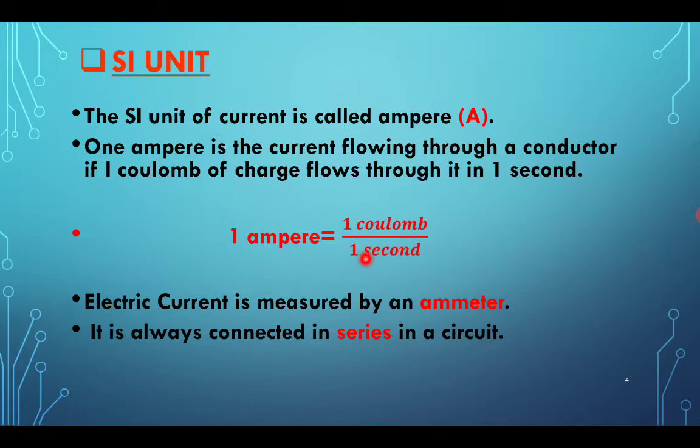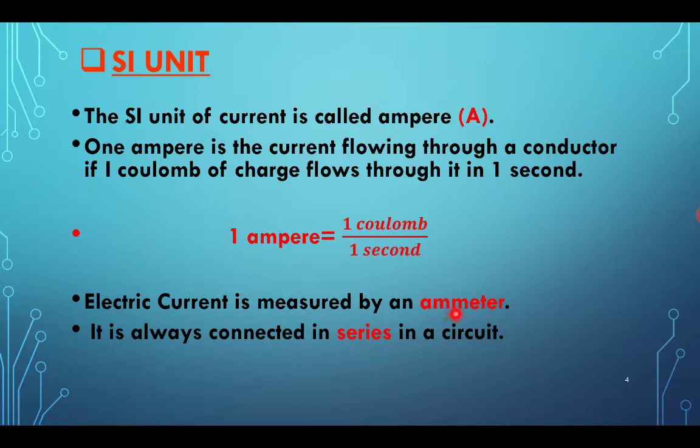Coulomb per second is the unit for current, and electric current is measured by a device known as an ammeter. Ammeter is a combination of two words, ampere meter.